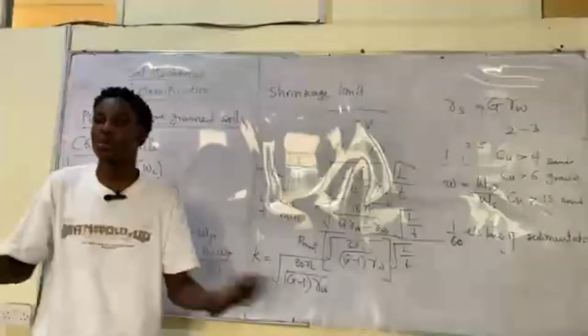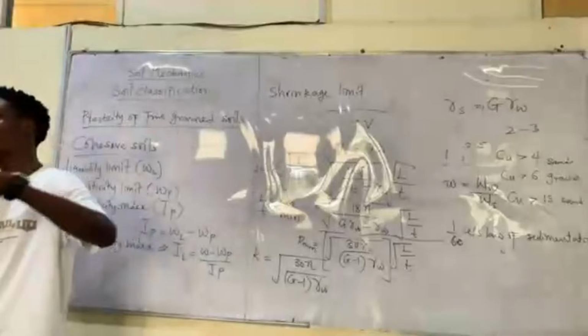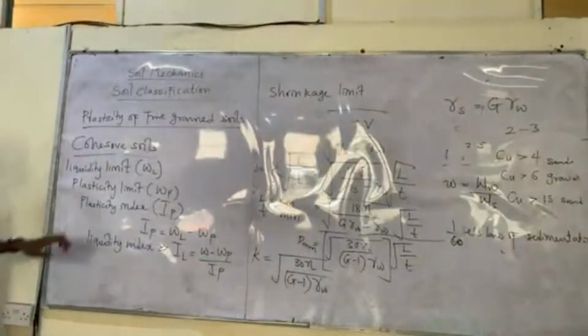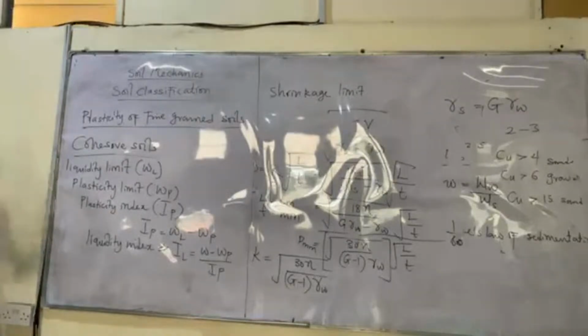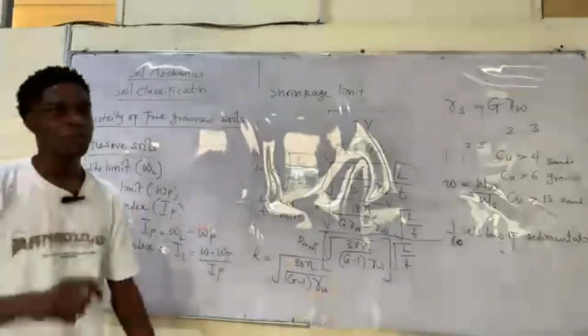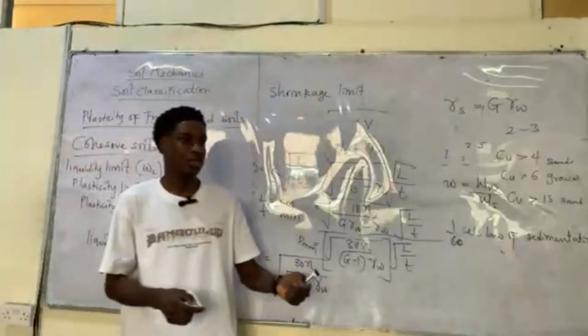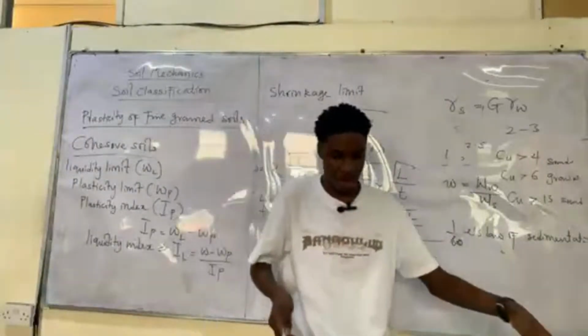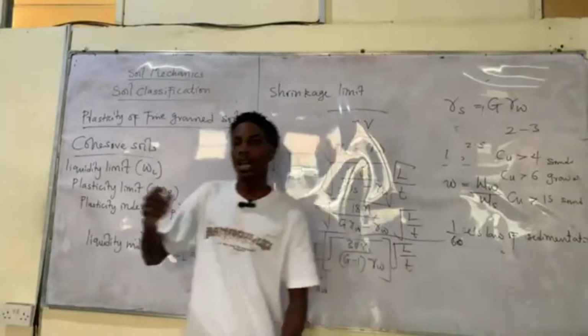What else can it be now? At the point where the soil moves from being a plastic liquid to being a brittle solid, there are times that soil doesn't want to get to that point directly. There is a range of values at which the soil becomes a semi-solid. And then as a semi-solid, it shrinks.